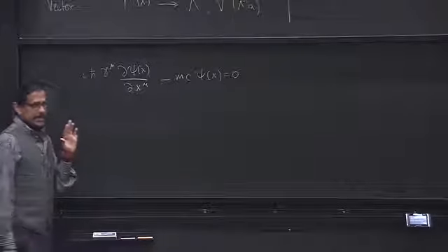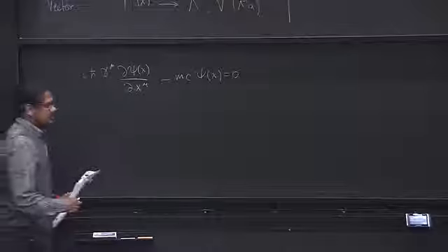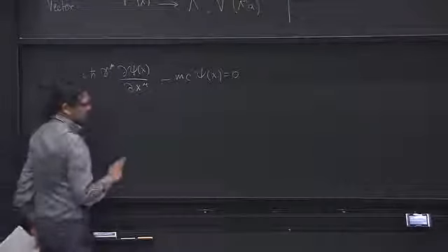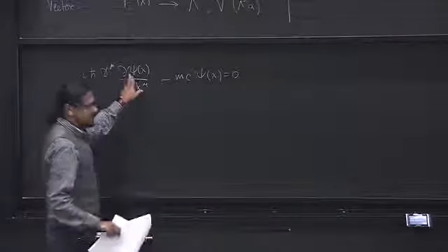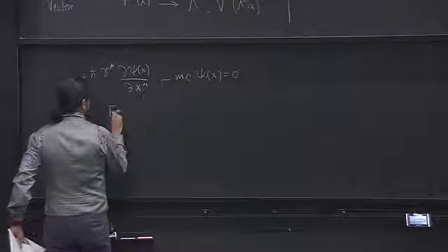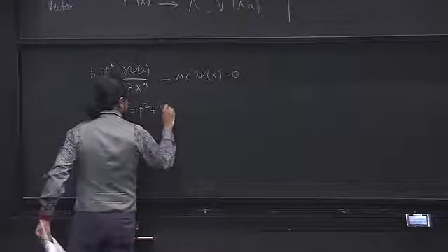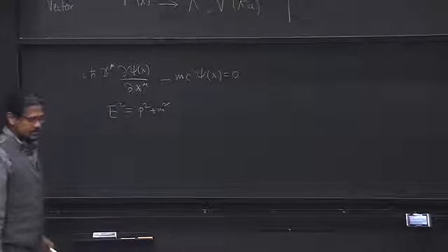So he couldn't actually do that. He did the next best thing. The next best thing was that he imposed the condition that the plane wave solution of this equation would satisfy the square of the energy mass relationship.